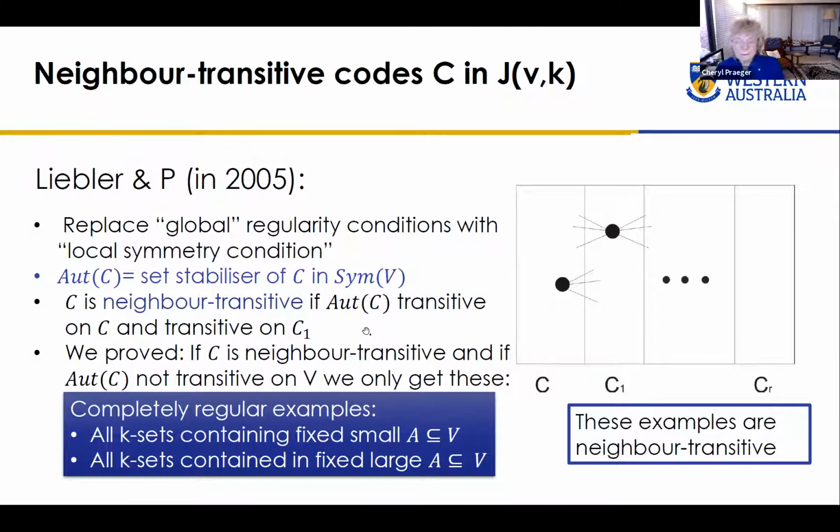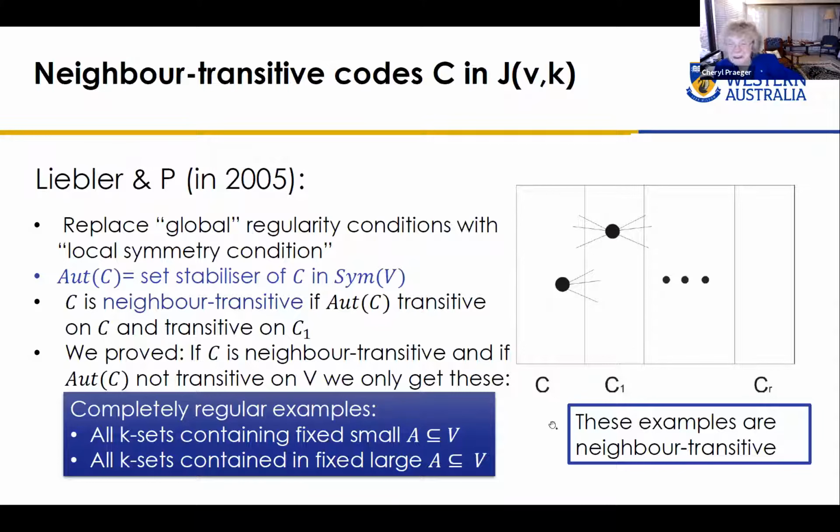Now, one of the things we proved early on was that if we had a neighbor transitive code C in the Johnson graph, and if the automorphism group of C was not transitive in its natural action on the base set V, then the only neighbor transitive codes we get are actually these two families of completely regular codes.